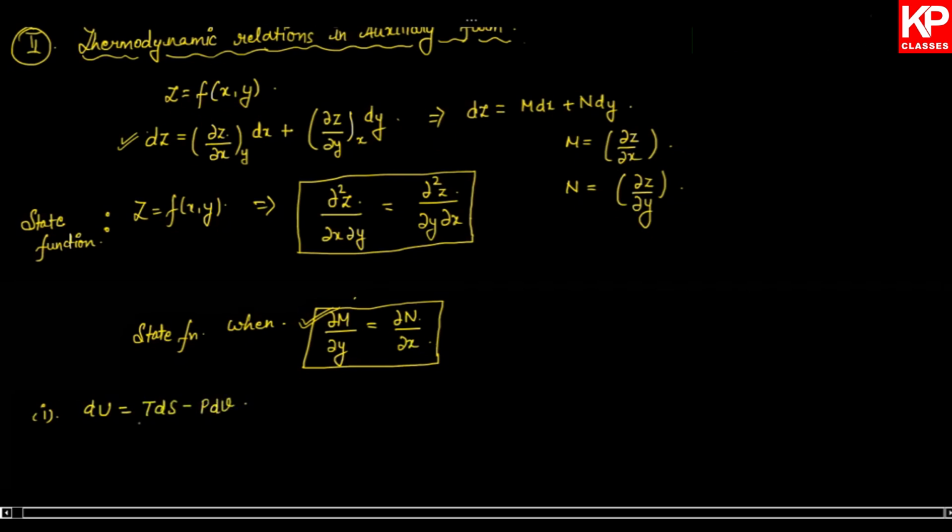From this expression, dU can also be written as ∂U/∂S at constant volume dS plus ∂U/∂V at constant entropy dV.